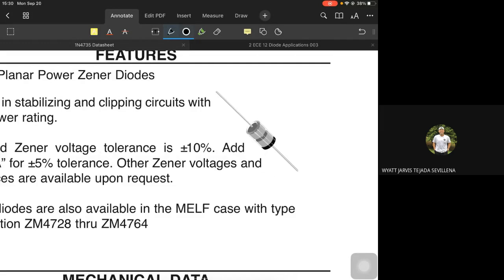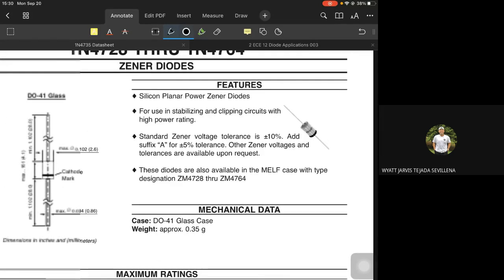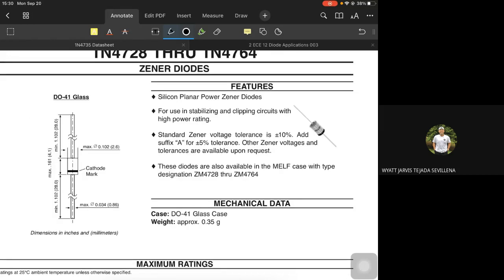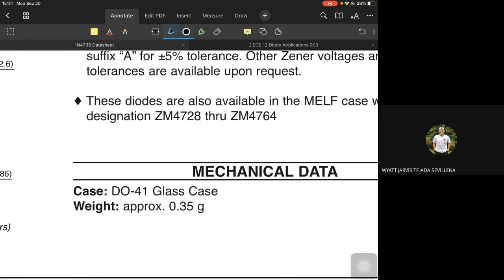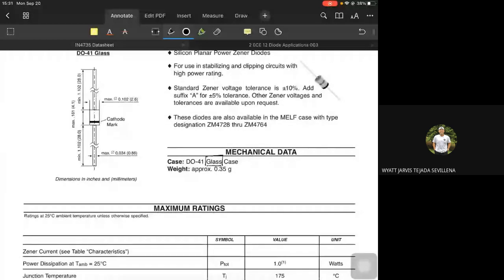I think I've shown this before in the lab. Its casing is glass, transparent, compared to the very common silicon diode with a black plastic epoxy case. Maybe the glass is for insulation purposes.